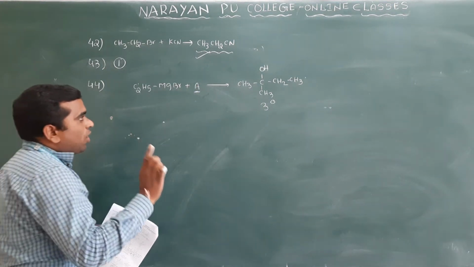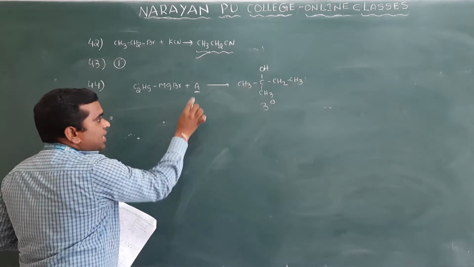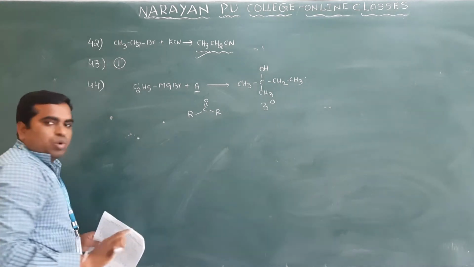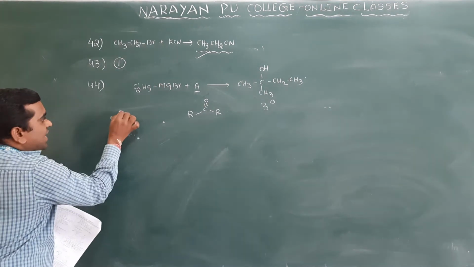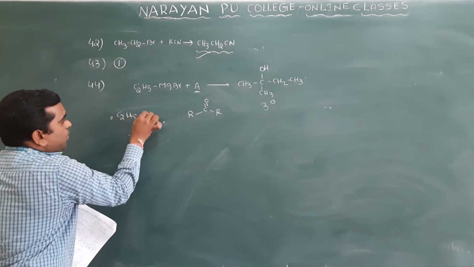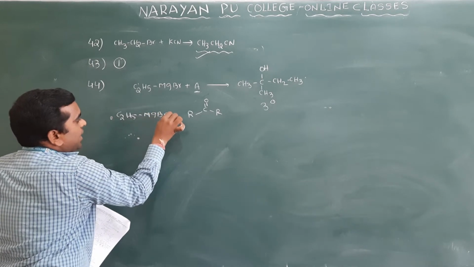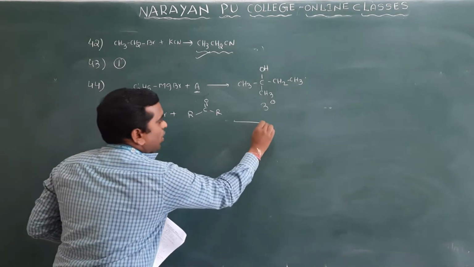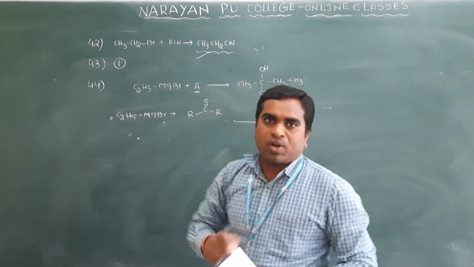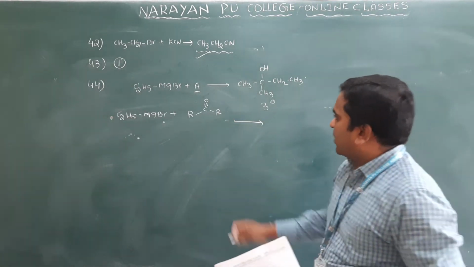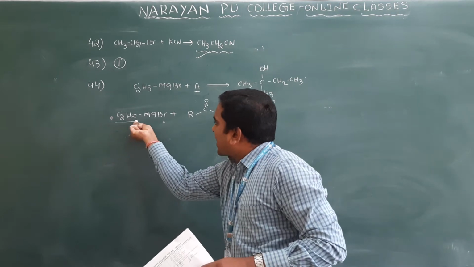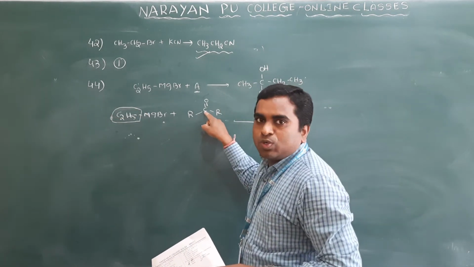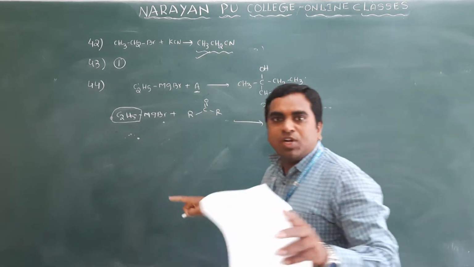But I already mentioned, suppose R, CO, R is there, this is a ketone, we don't know what it is. Now it is reacting with C2H5MgBr, followed by hydrolysis. I already said how to write the direct product. The alkyl group in the Grignard reagent should be added to the carbon, and O should be converted into OH.